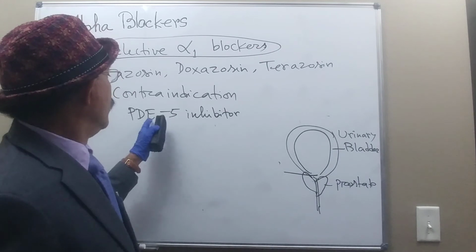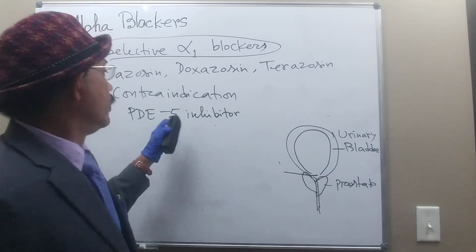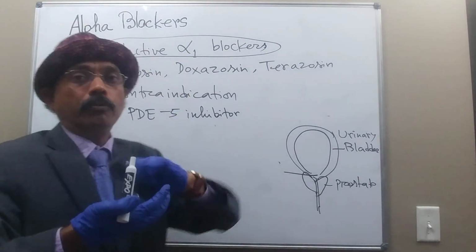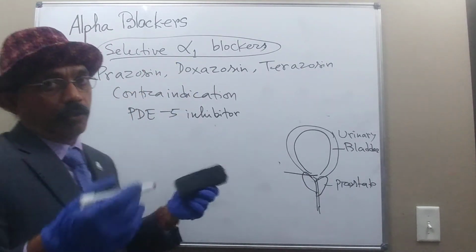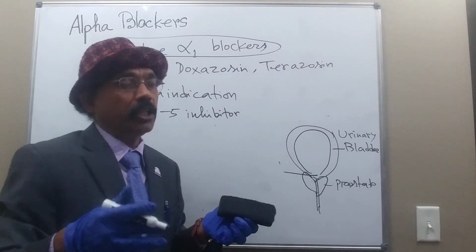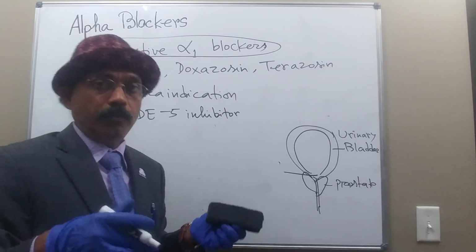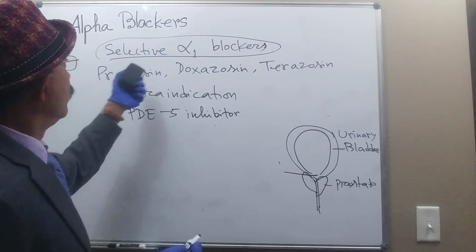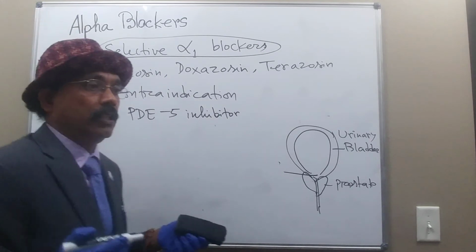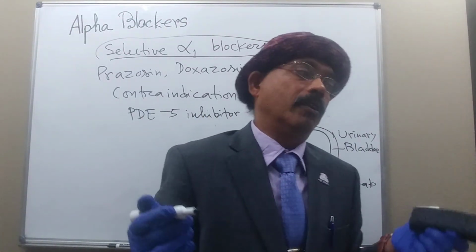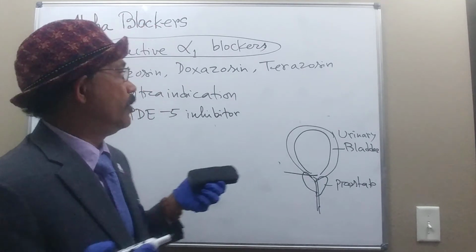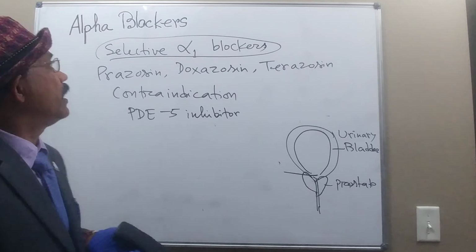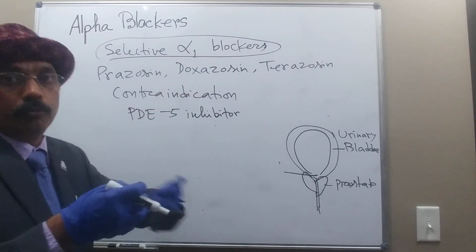The phosphodiesterase 5 inhibitor and the alpha-1 blocker should not go hand in hand. If the person takes both drugs together, there may be excessive postural hypotension. So no prazosin with sildenafil or tadalafil or vardenafil. No anti-erectile dysfunction drug and the alpha-1 blocker should go together.